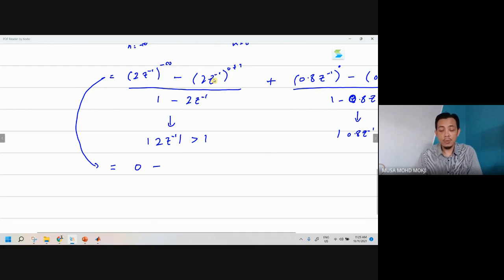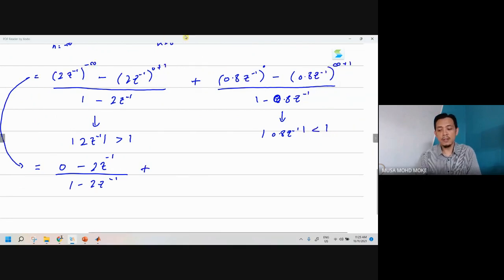So this is (2z minus 1) to the power of 0 plus (2z minus 1) to the power of 1, divided by 1 minus (2z minus 1). Plus, and if this is less than 1, to make sure that it converges, this one becomes 1. This one becomes 0. Okay, so we have 1 divided by 1 minus 0.8z to the power of minus 1.